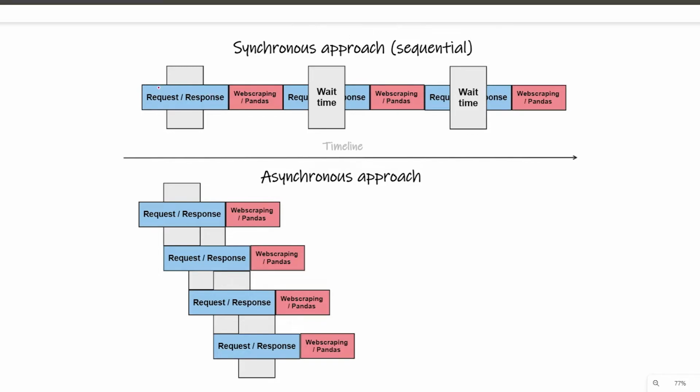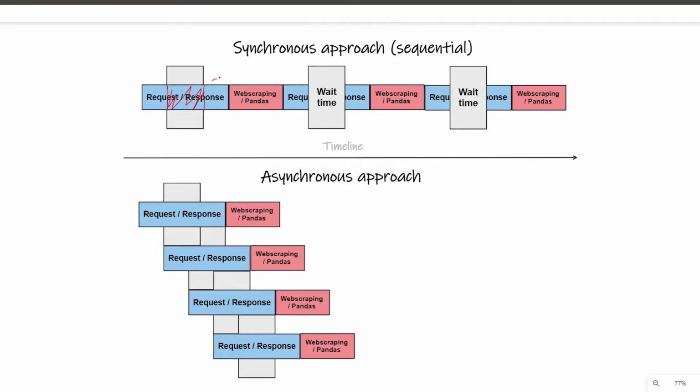As you can see here, first of all, we are sending a request to the server. However, there is some waiting time, right? This time is waiting time. We are not doing anything in this period of time. We are just waiting for the server to respond to us and give us our HTML back. So there is time that we are losing. We are literally just standing still, doing nothing, waiting for the server to respond to our request.